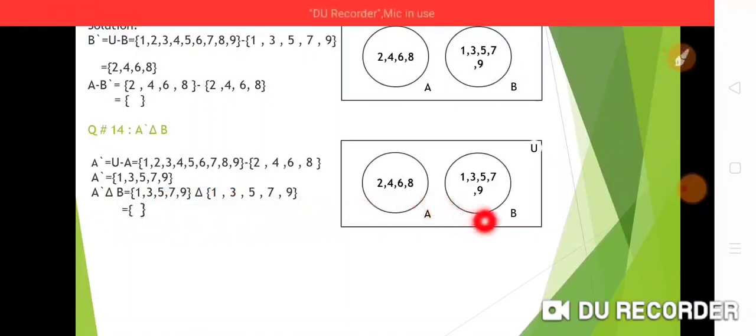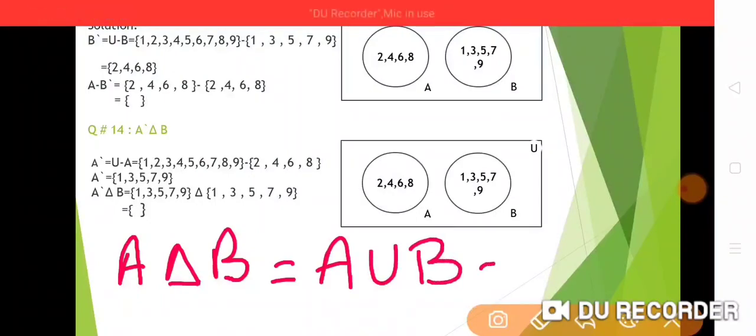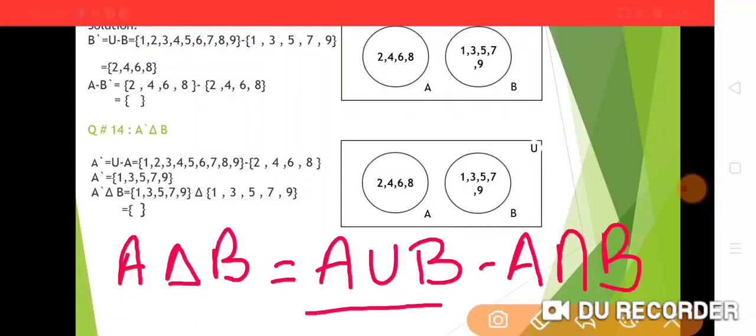So this is the Venn diagram for A complement delta B, the symmetric difference. There is a second way to find this: A delta B is equal to A union B minus A intersection B. This is how you find A delta B. First you take A union B, then A intersection B, and then take the difference of A union B and A intersection B. You get the same answer.